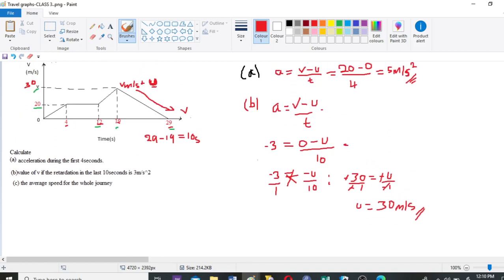We are talking about the average speed for the whole journey. So when they talk of the whole journey, it means you need to find the total distance for the whole journey, then divide by the total time taken for the whole journey. In the first class, I used different formulas. I took this one as a trapezium.